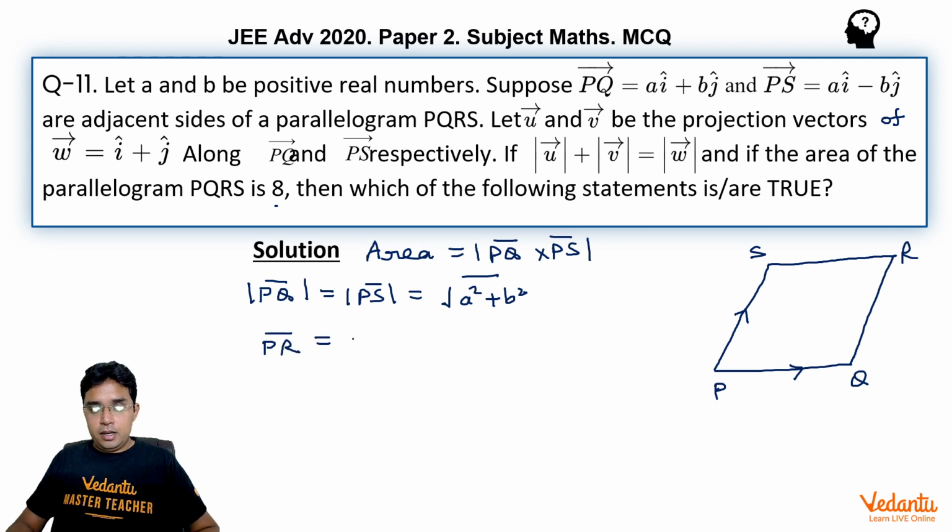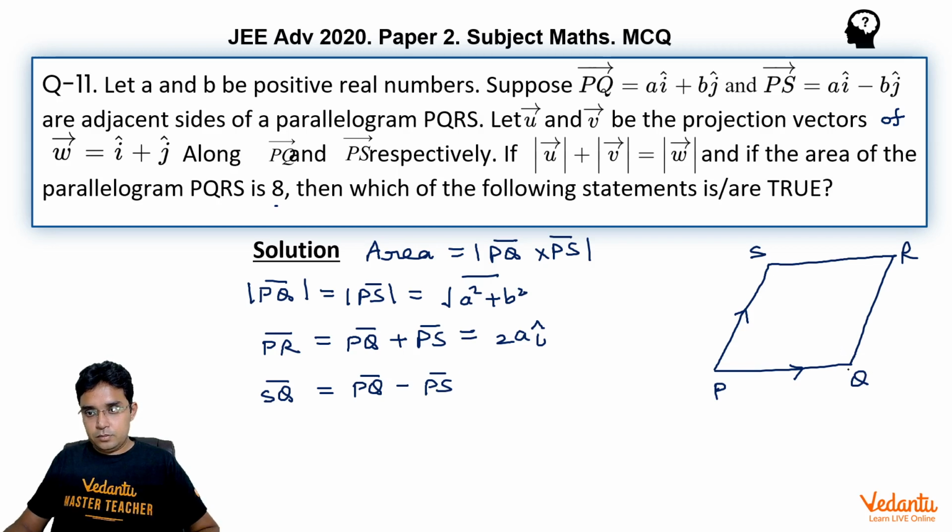Like PR vector will be PQ plus PS, and that will be 2A i cap. Similarly, if I write another diagonal SQ, that will be PQ minus PS, and that will be 2B j cap. That means these two diagonals are actually perpendicular to each other. One is along i cap, one is along j cap.